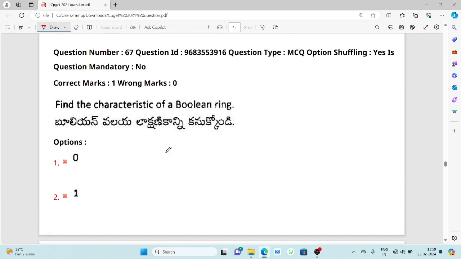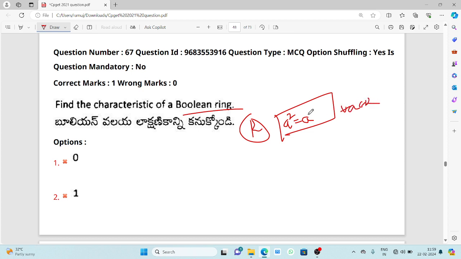Question number 67. Find the characteristic of a Boolean ring. We know that, suppose R is a Boolean ring, then every element in this ring is an idempotent element. Suppose A square equal to A for every A belongs to R. This is the condition for an idempotent element.